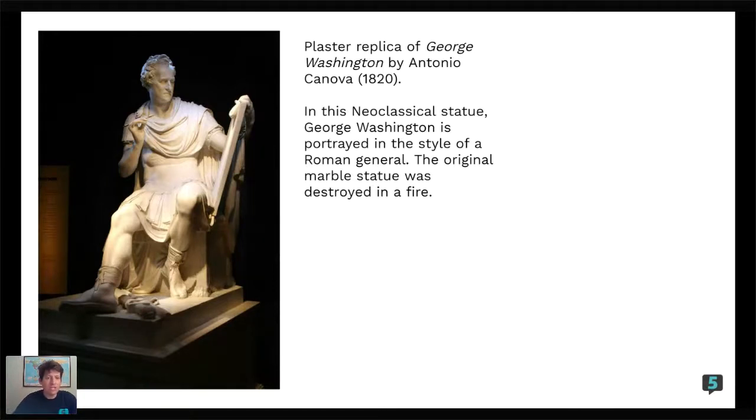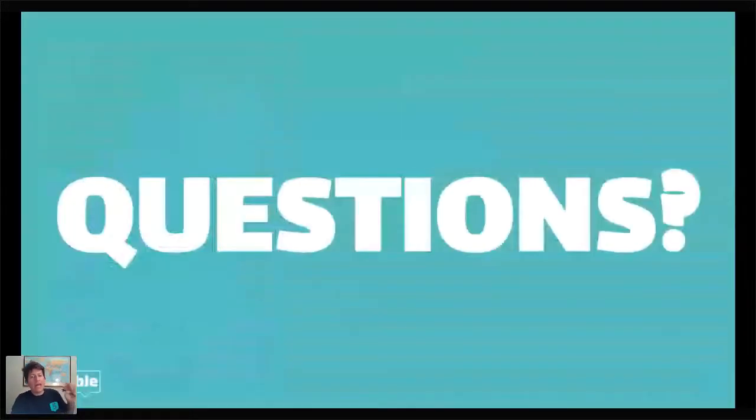And here, George Washington being portrayed in the style of a Roman general really harkens back to that neoclassical style. If you have any more questions, I certainly will answer them.